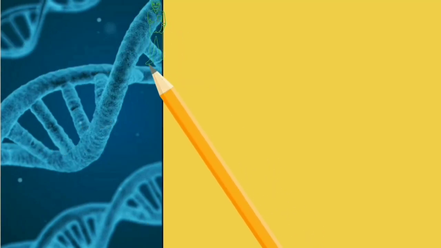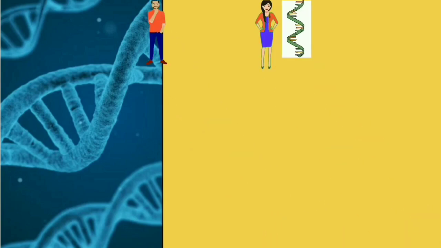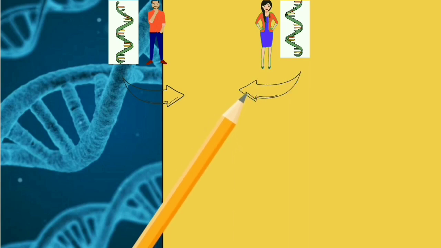This is just the pictorial representation of whatever we have seen so far. A child inherits everything from his or her parents, be it chromosomes, genes, DNAs, and alleles.